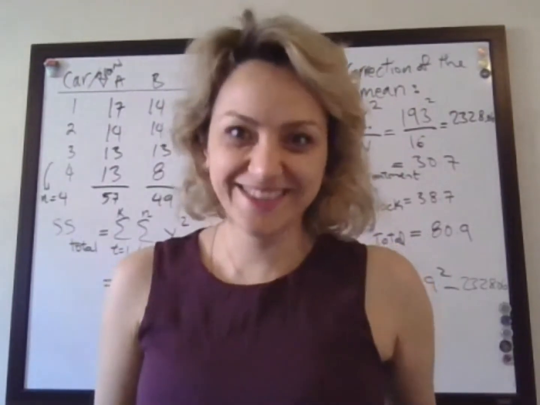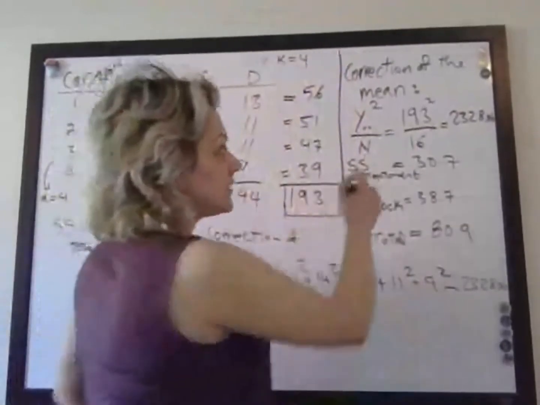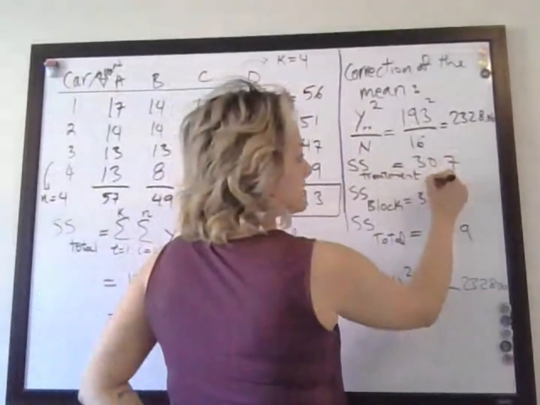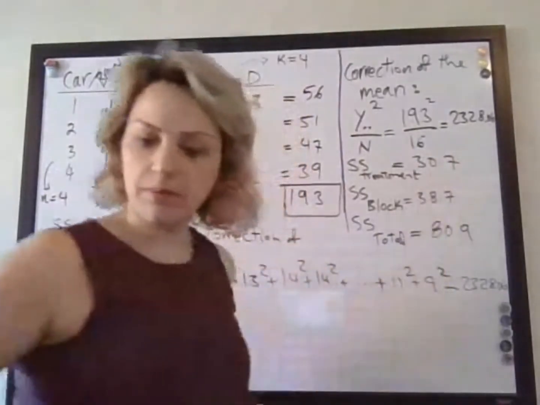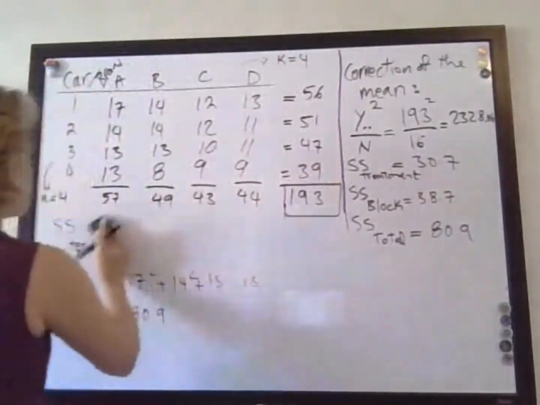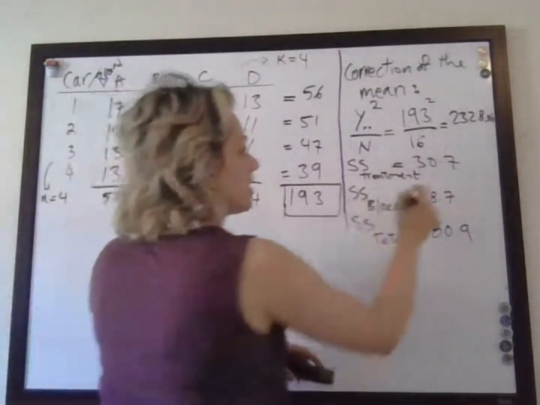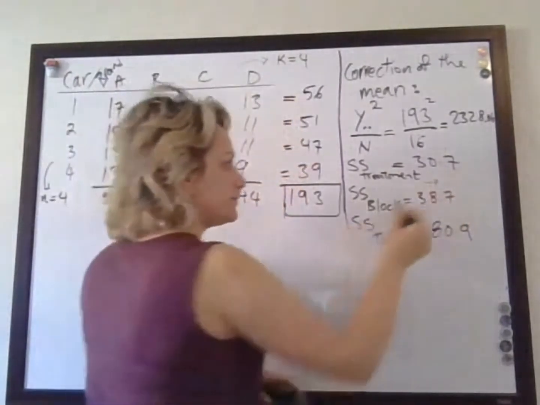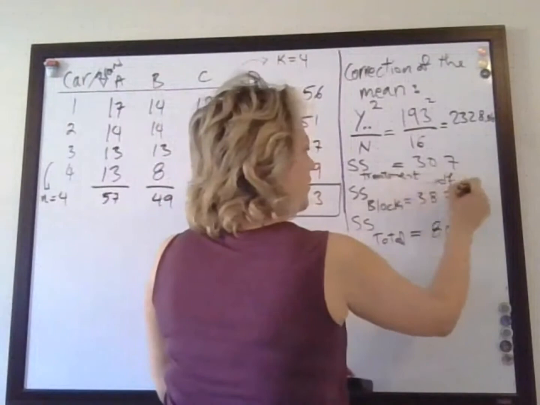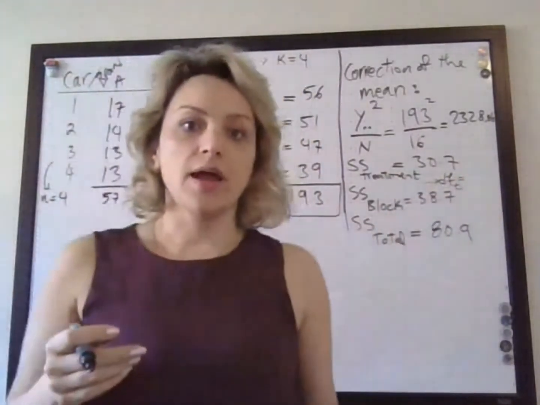So now, let's go back to our Anova table here. Oh, we wanted to write down the degrees of freedom, I forgot. So I'm going to write down the degrees of freedom. The degree of freedom of treatment is going to be whatever number you have for the treatment.